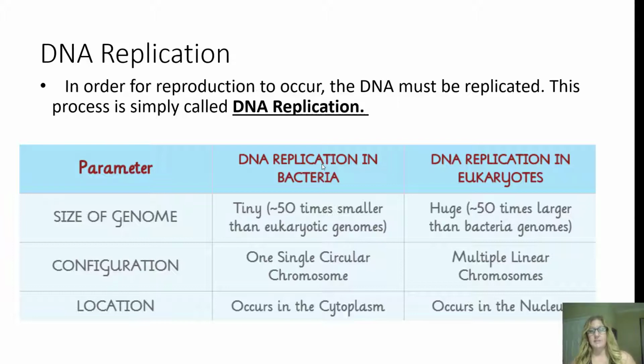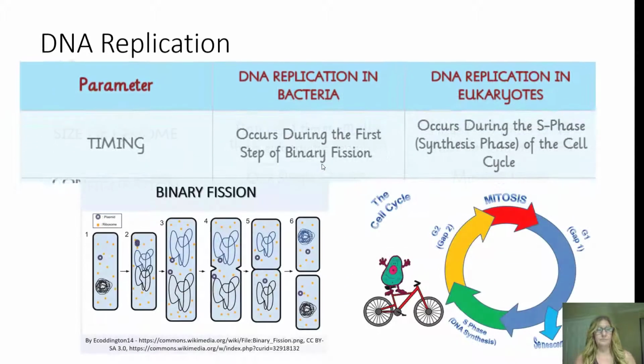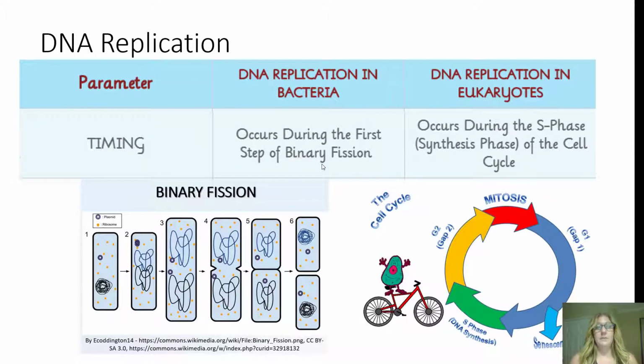The location of the DNA is in the nucleoid region, which is in the cytoplasm. So we could say nucleoid or cytoplasm, but nucleoid is a little bit more correct here. Whereas DNA replication in eukaryotes is going to occur strictly in the nucleus. DNA replication is a really fast process, relatively speaking, in bacteria cells versus what we see with eukaryotes.